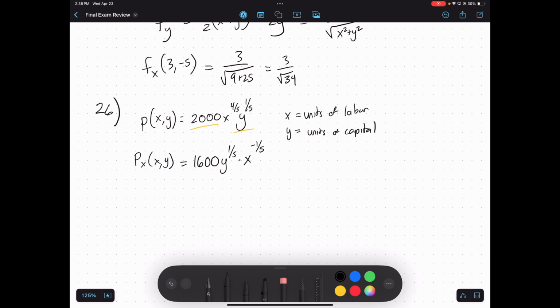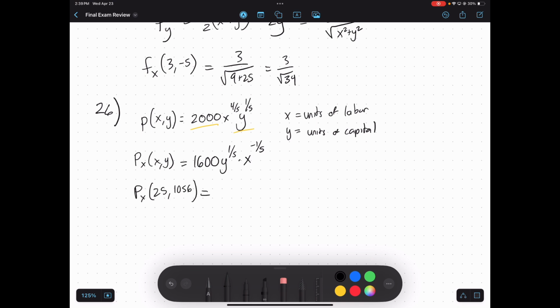Okay. Everybody okay with 1,600? That's just 2,000 times, when I bring that exponent down for x to the 4/5, 2,000 times 4/5 gives me 1,600.